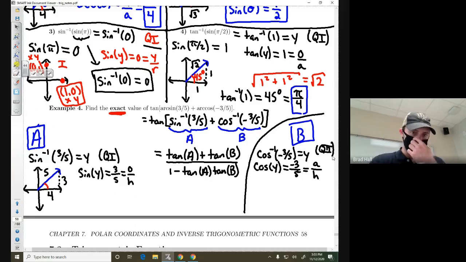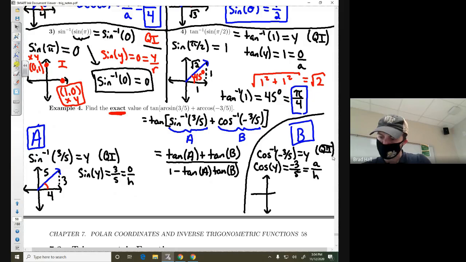Let me draw this with respect to quadrant 2, which will have most of the action here. Quadrant 2 is where we will draw the angle. We will triangulate accordingly. Adjacent is negative 3, which makes sense because we're going to the left.